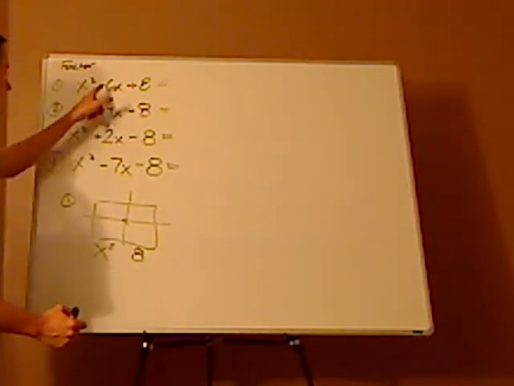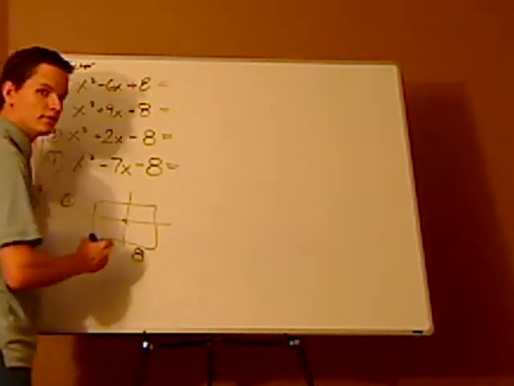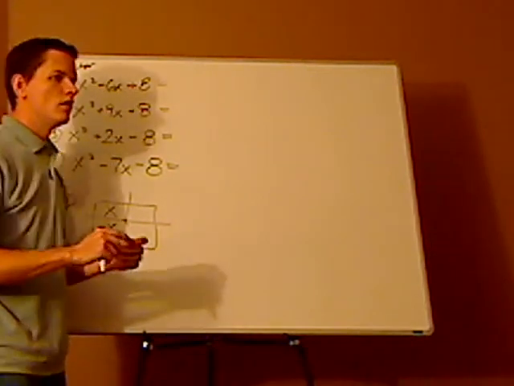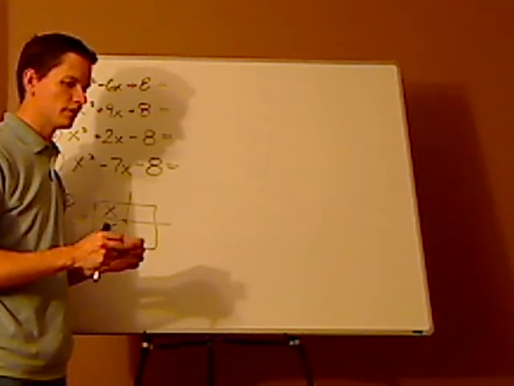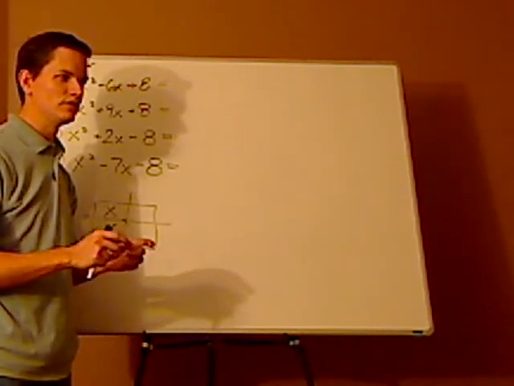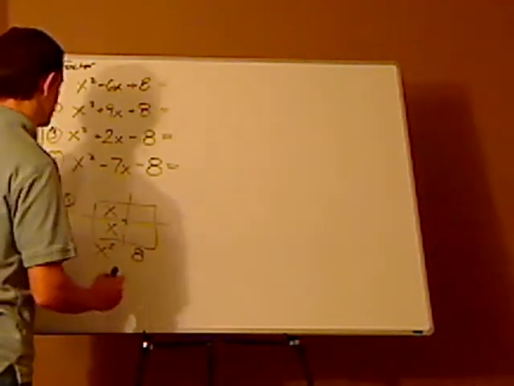So for the first one, think through, okay, I have x times x. And then, what factors of 8, when added together, will give me 6? 1 and 8, 2 and 4, when added together, give me 6.